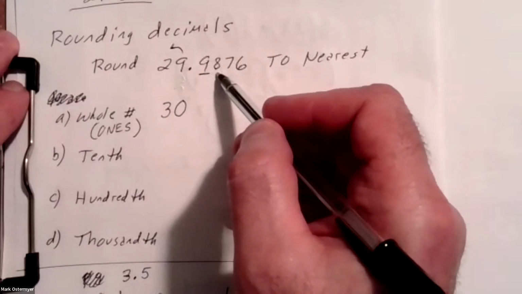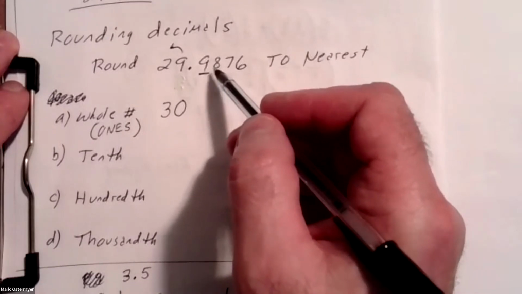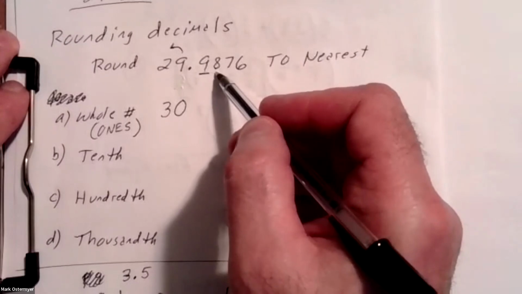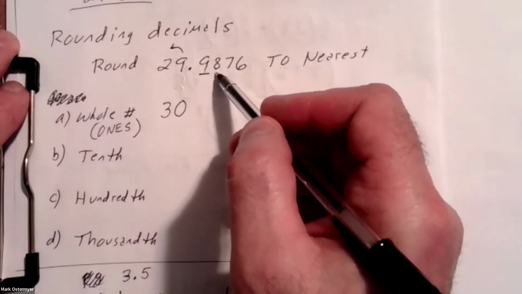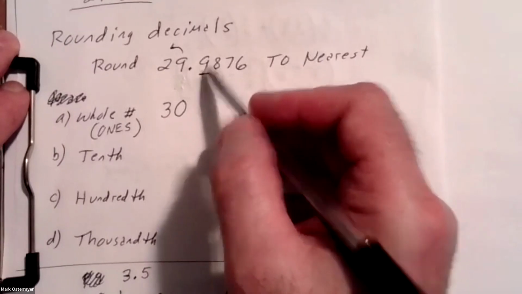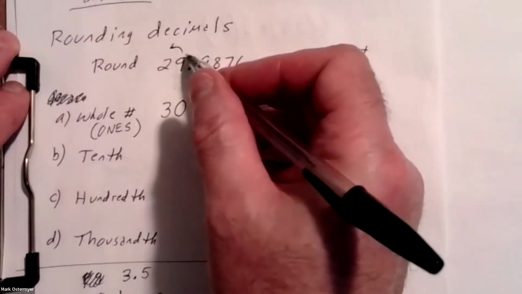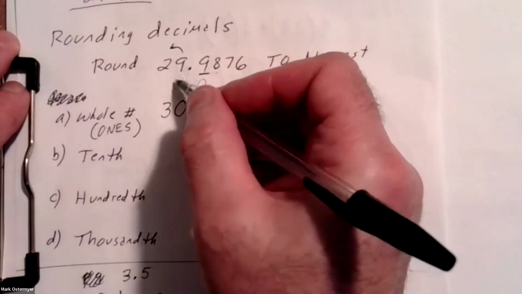And we ask ourselves, is this 8 5 or larger than 5, or is it less than 5? What's the case? Well, since it's at least as large as 5, in other words, it's greater than 5, we bump the 9 up to a what? 10. So we make this become a 0. And the 1 of the 10 spills further to the left and gets added to the 9 and makes this a 10.